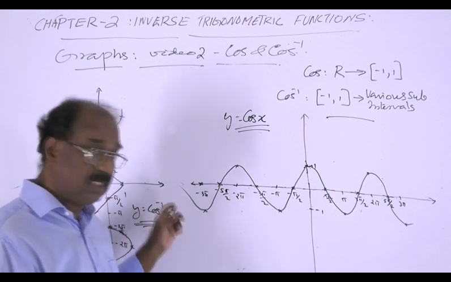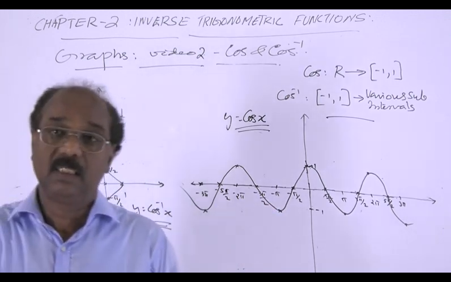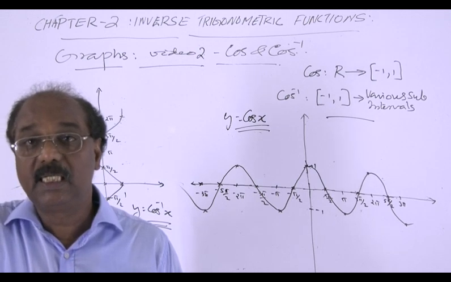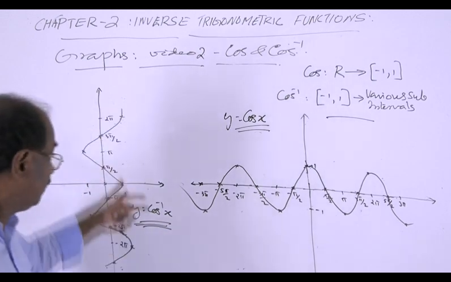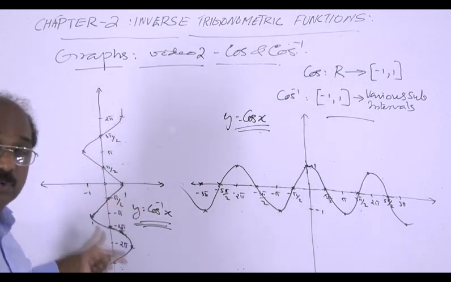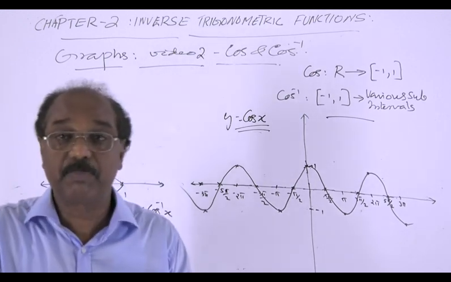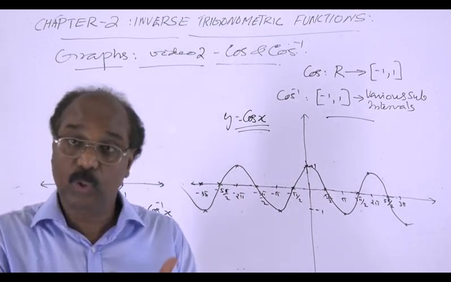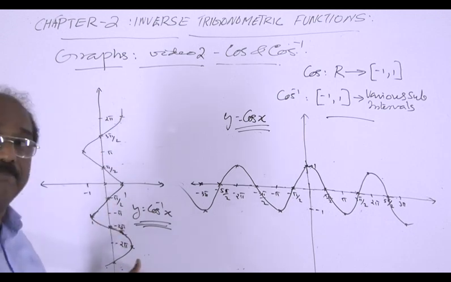Thus we have the two graphs, the graph of cos and the graph of cos inverse, with the graphs of the various branches of cos inverse in the various subintervals together. So this is the graph.